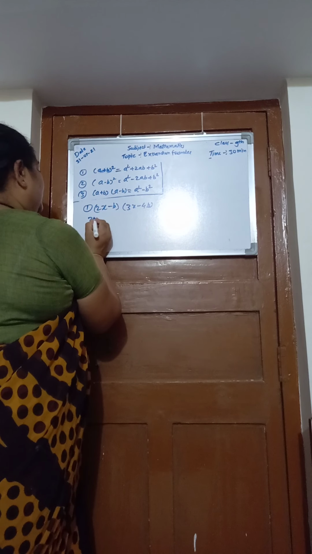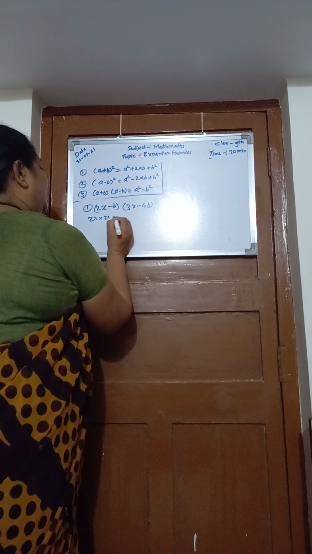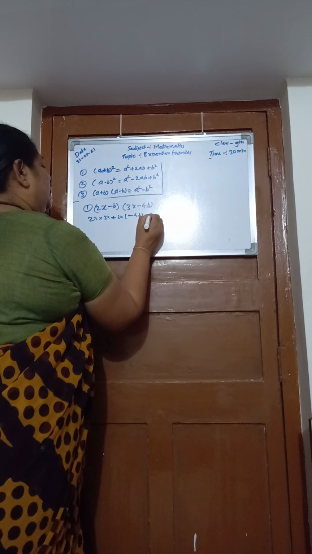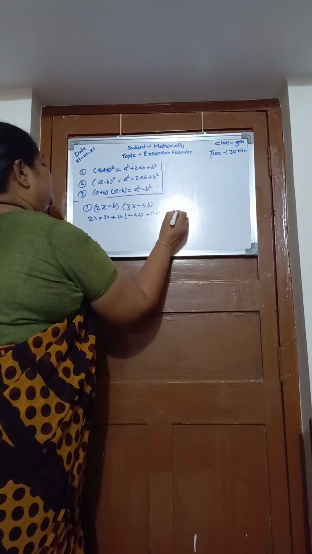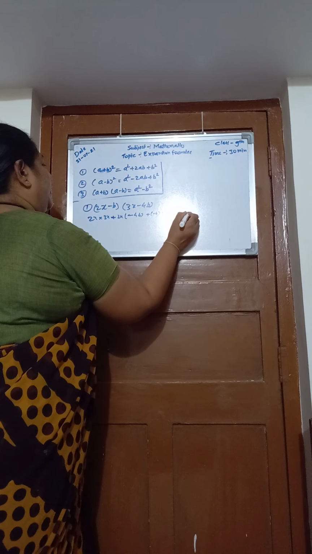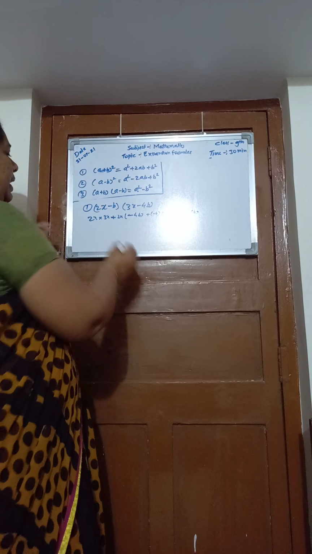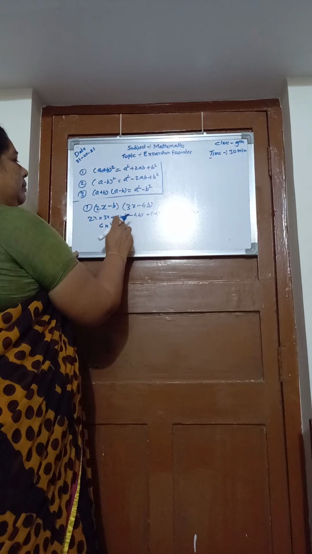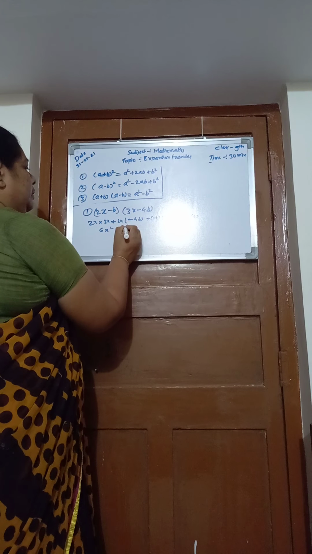Take 2x into 3x, plus 2x into minus 4b, plus minus b into 3x, plus minus b into minus 4b. Okay, 2x into 3x, 3 twos are 6, 6x square.